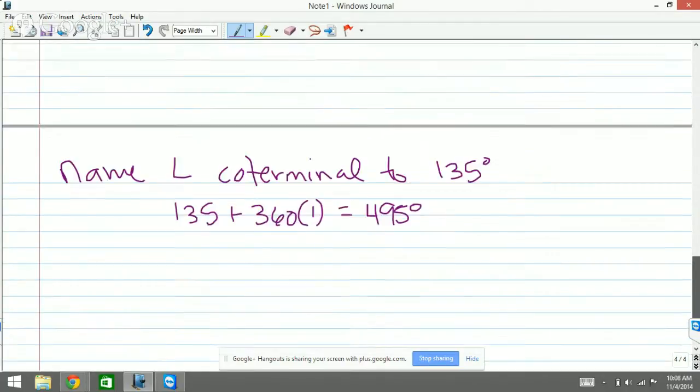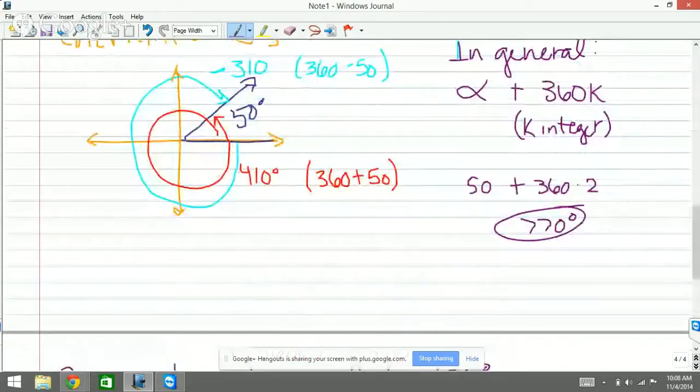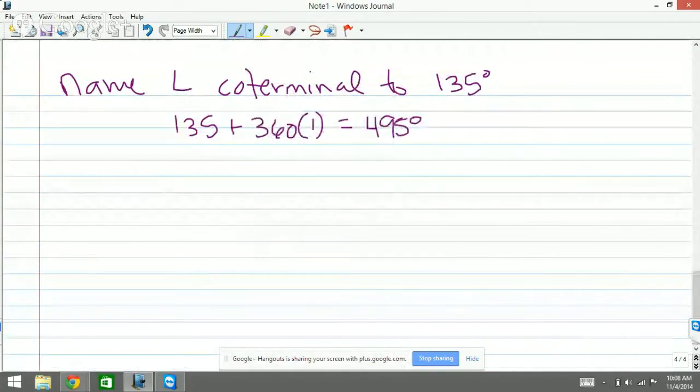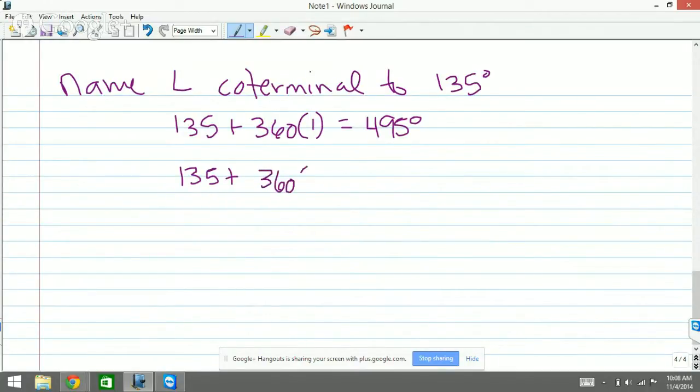Alpha is 135, and for Dylan, k was 1. Okay, give me another one. What did you choose for your k value? 2? Okay. You get it? A little bit? You're just going around a number of times.